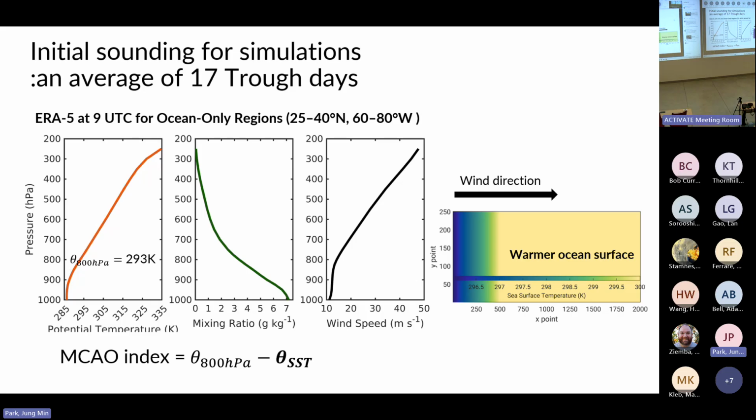The schematic on the right-hand side illustrates how the sea surface gradient looks in our simulations: colder in the western quarter of the domain, and warmer to its east. And as a cold air outbreak occurs when cold air moves over the warm ocean, wind blows from the west to the east in all simulations.